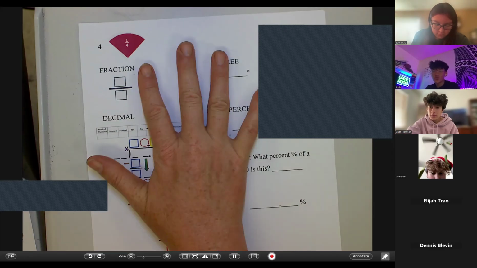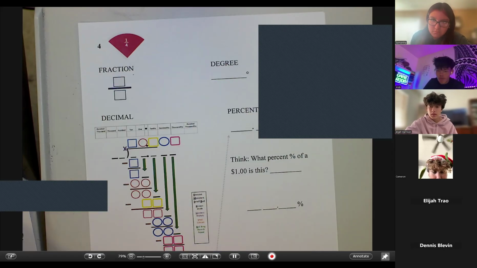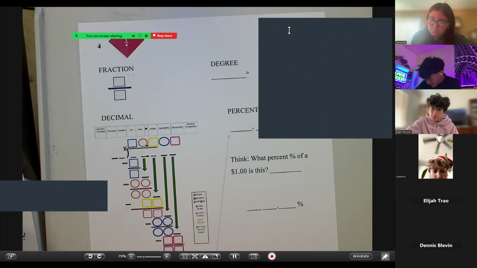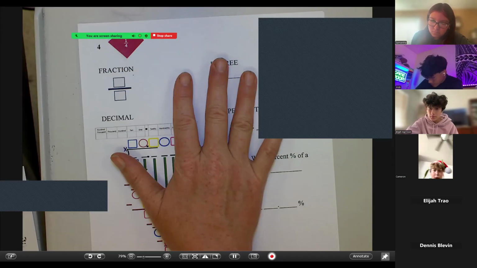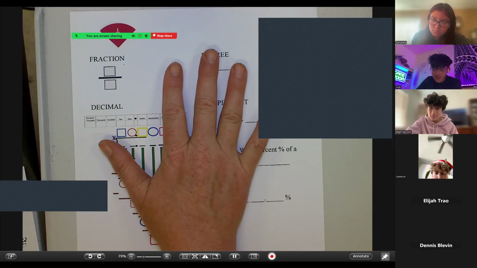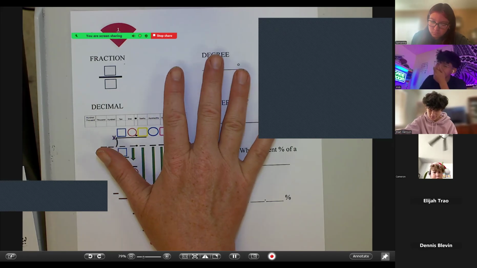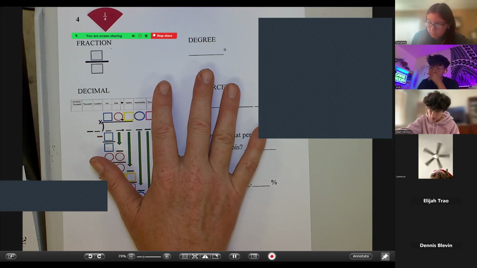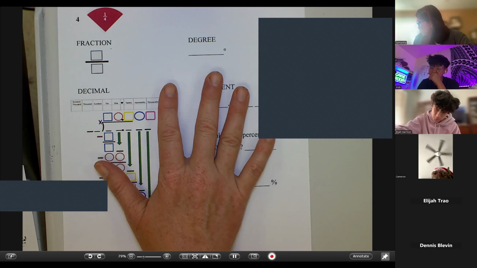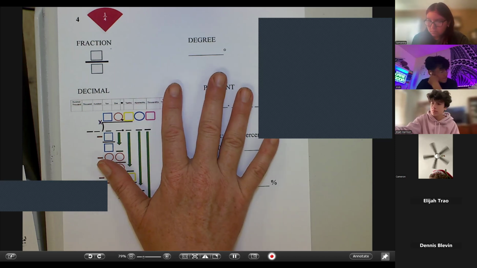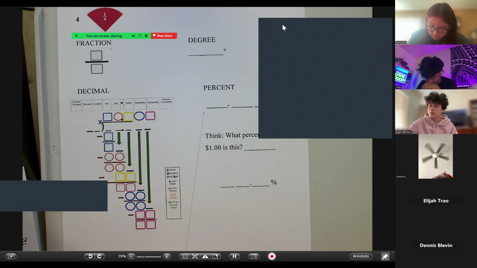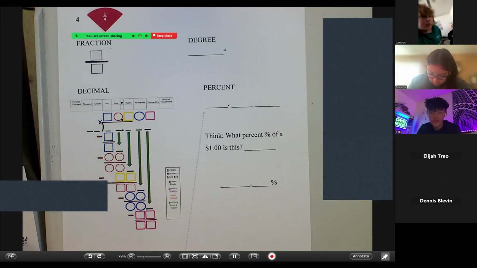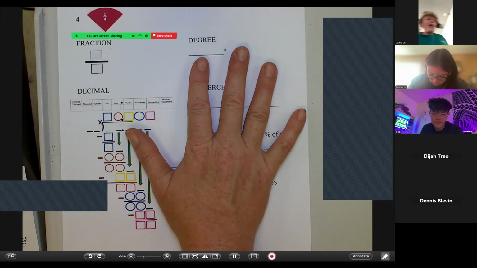Cameron, do you have the color handout that I sent back with you guys? Handy? Okay. Do you have it handy? Oh, sorry. I wasn't there. I had to rejoin because it wasn't working. Okay. Do you have the color circle sheet that I sent home with you? Yeah. I'm gonna get it.